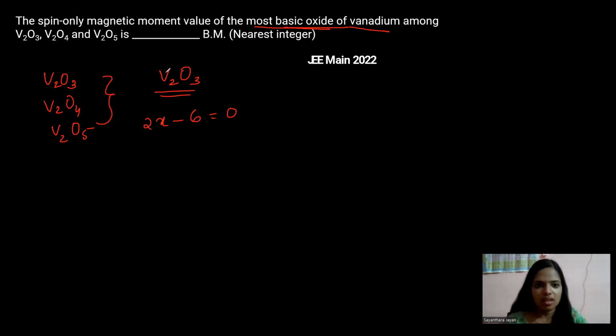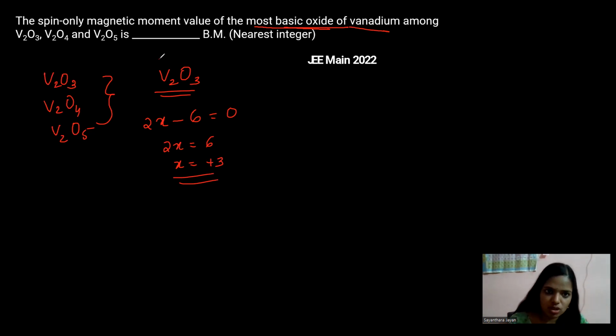V2O3 is a neutral compound, so 2x minus 6 is equal to 0. 2x is equal to plus 6, x is equal to 6 by 2, which is plus 3. I have got that in V2O3, the oxidation state of vanadium is plus 3.